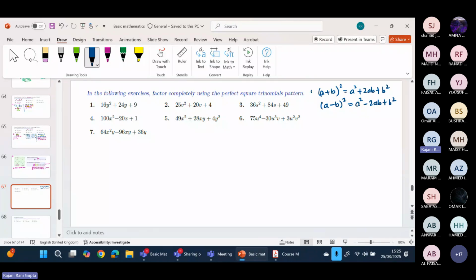So either rule number 1 or rule number 2. So what do you think in the first question, which rule is going to work? Rule number 1 or rule number 2? Tell me.